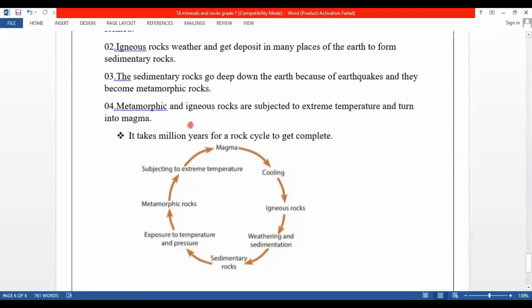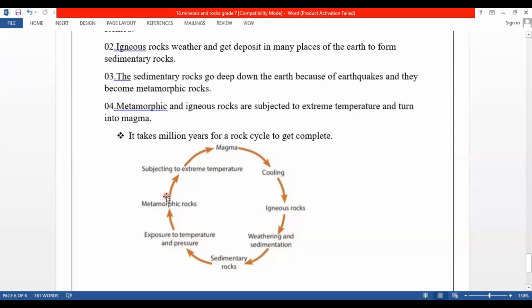The sedimentary rocks go deep down the earth because of earthquakes. As in the diagram, you can see sedimentary rocks will deposit under earth because of the earthquakes, and due to the high temperature and high pressure inside the earth, these sedimentary rocks become metamorphic rocks.